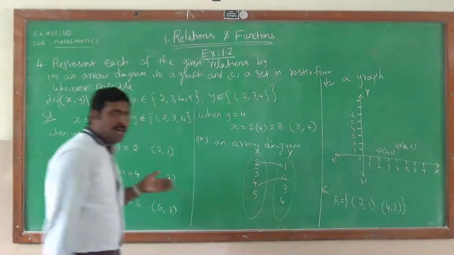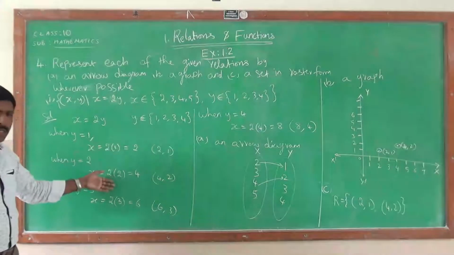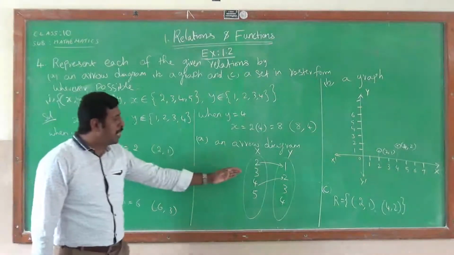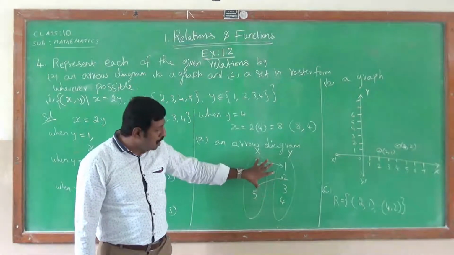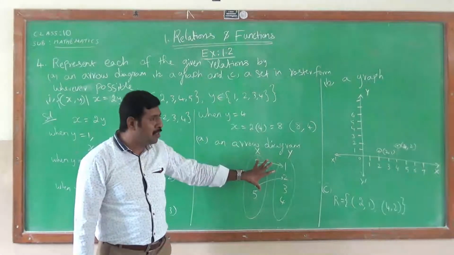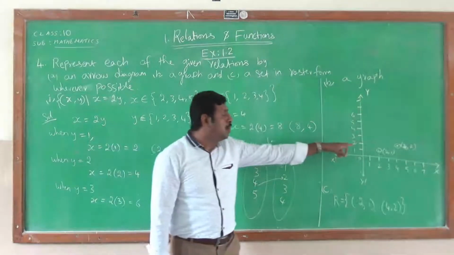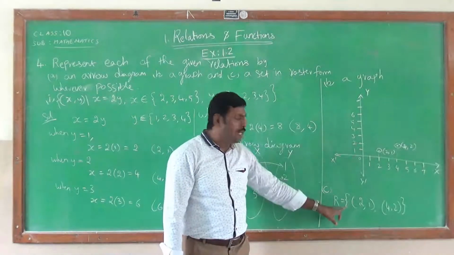By the relation we found all the terms, but here the only mapping elements are 2 and 1, and 4 and 2. So whichever elements are in the mapping, those elements only we present in the graph and write in the set form also.